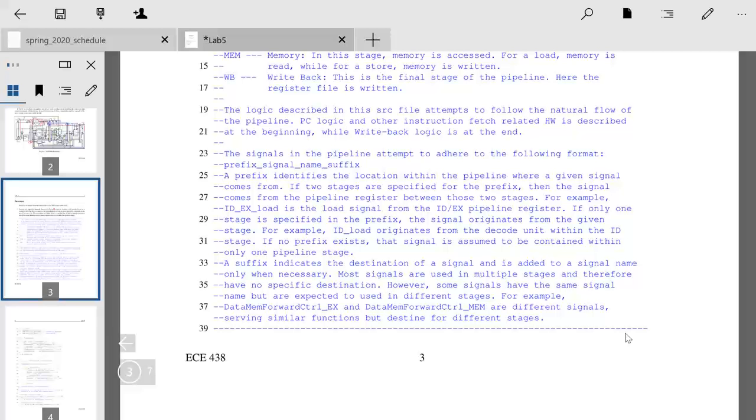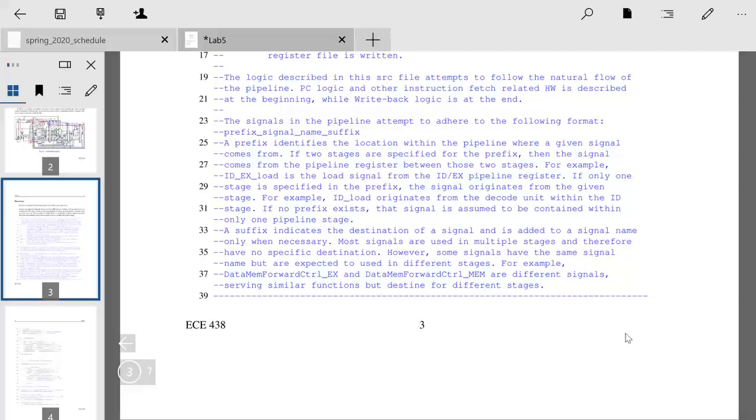So the naming convention has a prefix followed by an underscore and the signal name, followed by an underscore and a suffix. The prefix identifies the location within the pipeline where a given signal comes from.